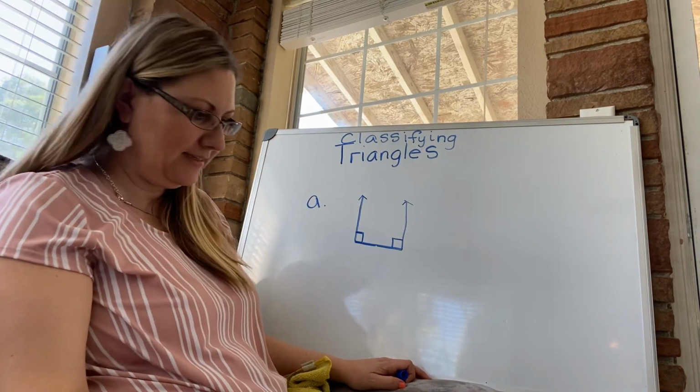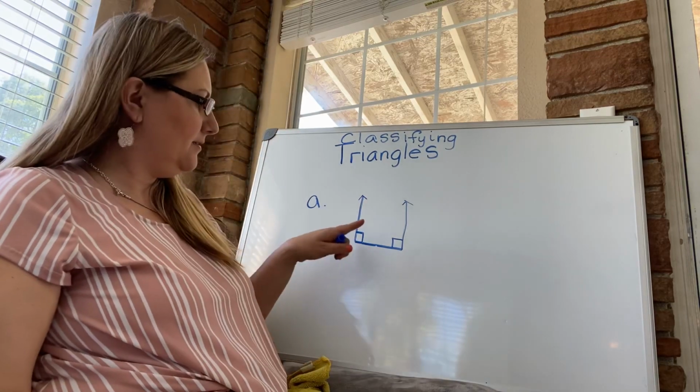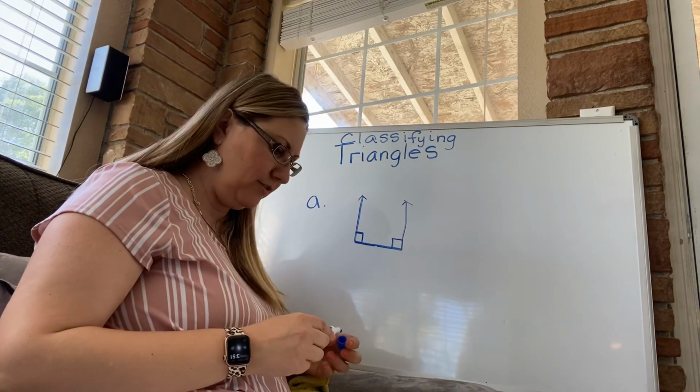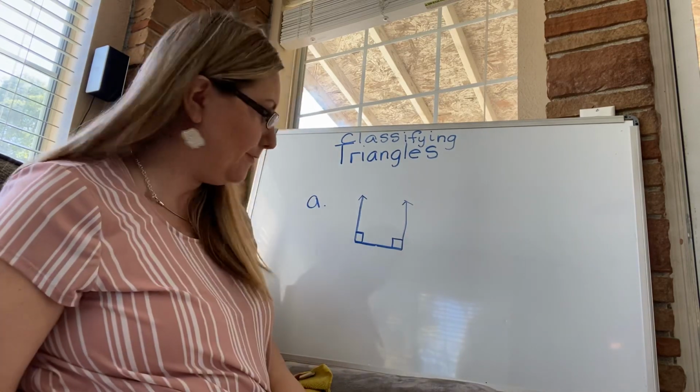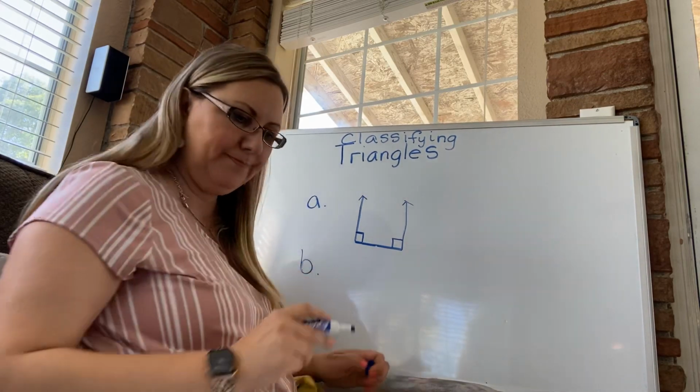I could not. I could not do that at all. If I did that, the sides would never meet, and so we do not have a triangle. It does not form a triangle. Okay, that's A.